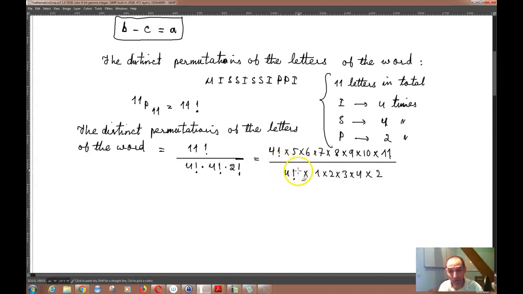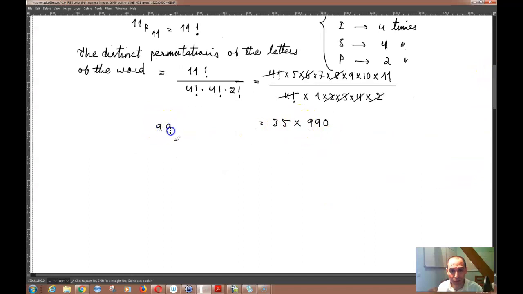Then you can simplify 4 factorial with 4 factorial, and 2 times 3 is equal to 6, and 4 times 2 is equal to 8. So over here you have 5 times 7 is equal to 35, times 99 times 10 is equal to 990.